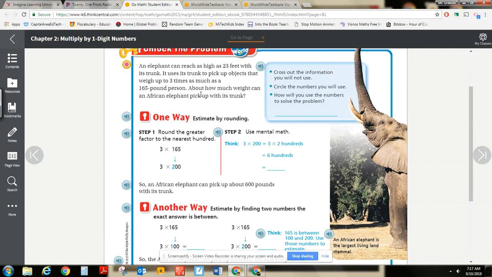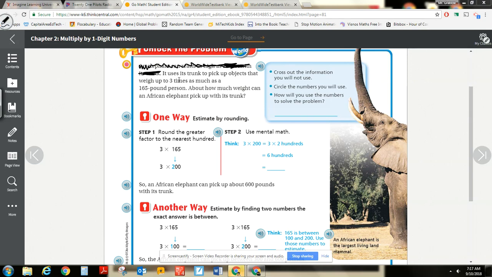About how much weight can an African elephant pick up with its trunk? Well, it doesn't really care about how high it can go up. It's interesting and all, but it's not that important. So you can just cross it off. Lots of times we see that 23 and we want to write it down.